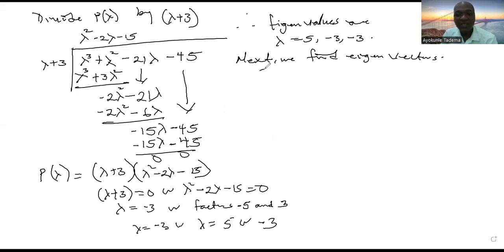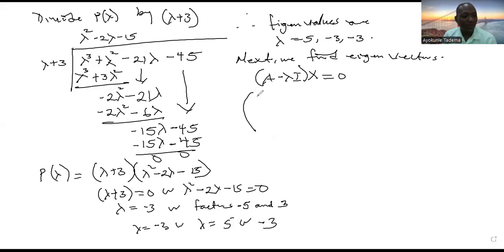And how to find the eigenvector? Remember your formula: A minus lambda I times X equals 0, where your X is your eigenvector. Now, first and foremost, what's your matrix A?